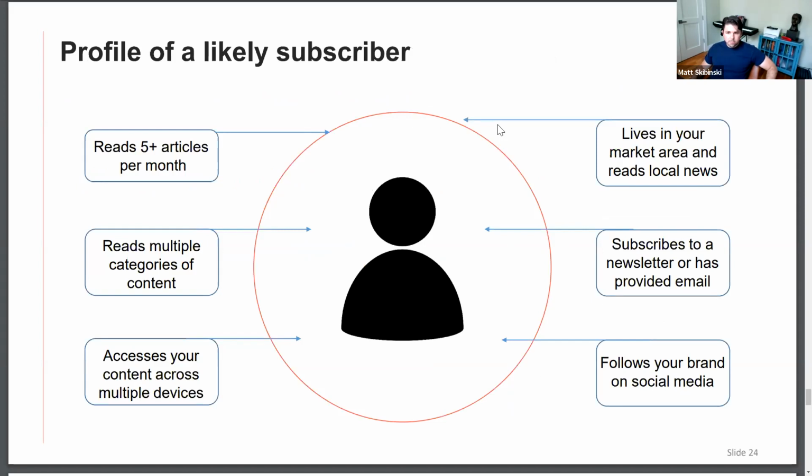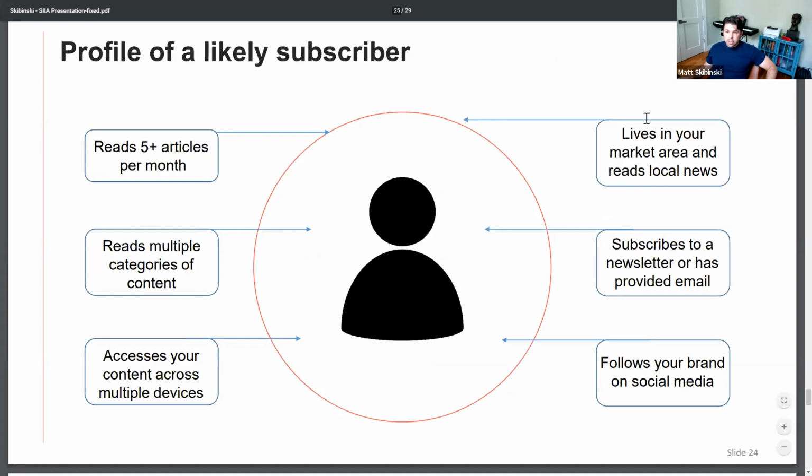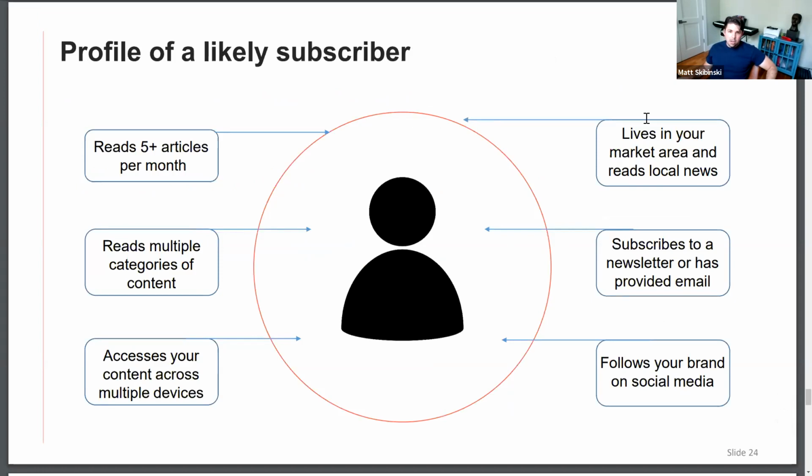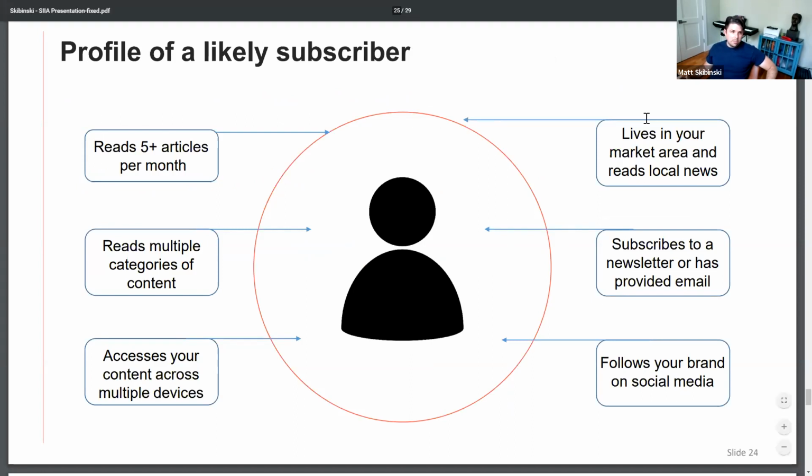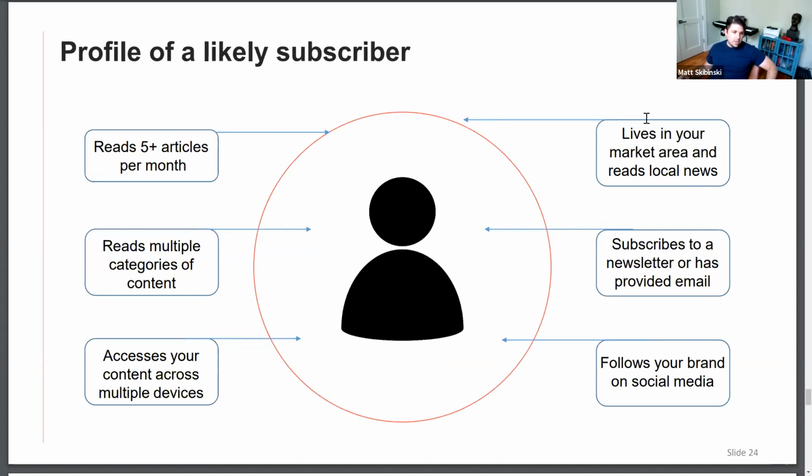Here are some factors that tend to correlate with likely propensity to subscribe. Again, this is taken from newspapers, so one of these is a little bit specific to that, but they're things you would expect. Reading 5+ articles per month, reading multiple categories of content.